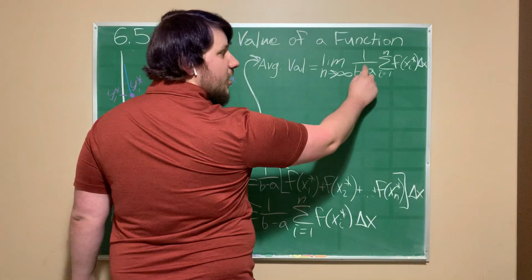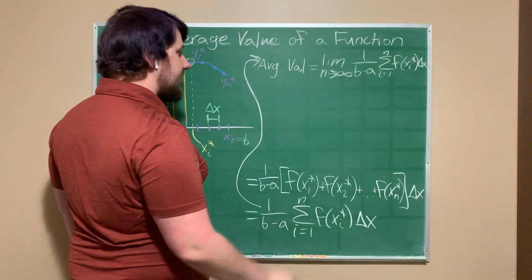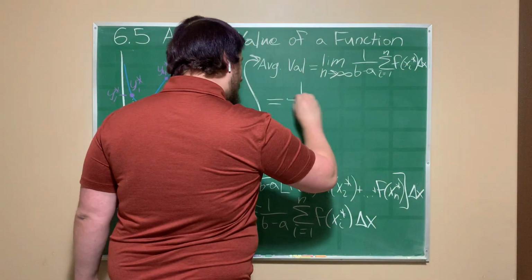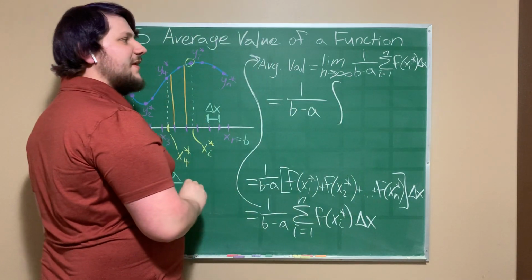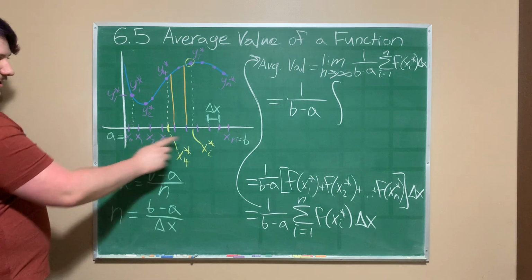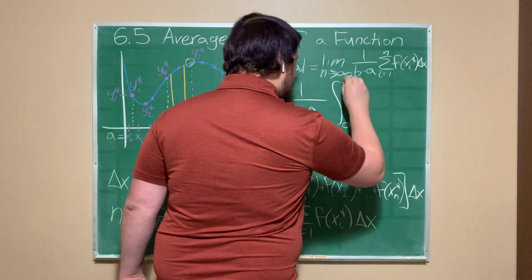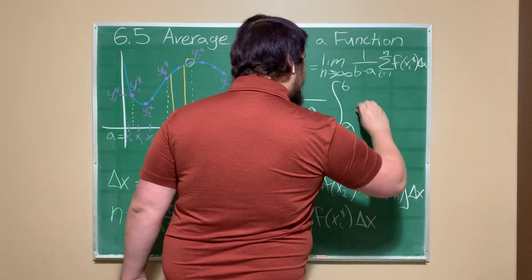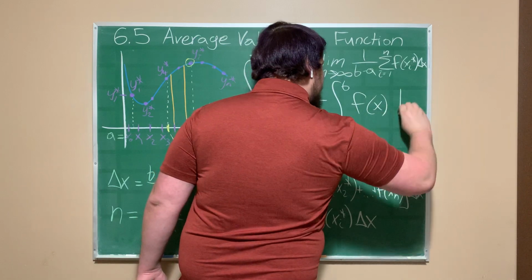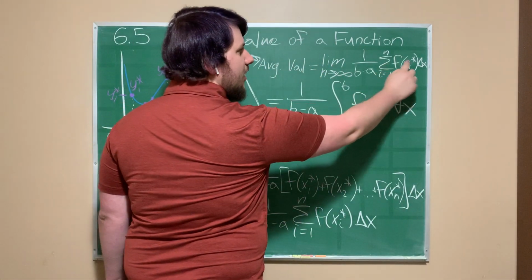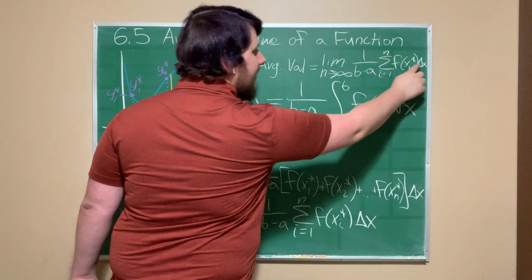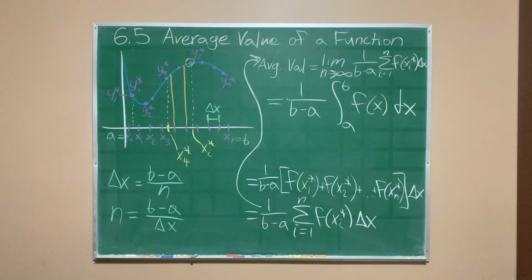So this is just a constant and can be factored out completely. And so we will get 1 over b minus a multiplied by the integral from a to b of our function f of x dx. Right? The limit of the sum of f of x i star times delta x just translates into that.